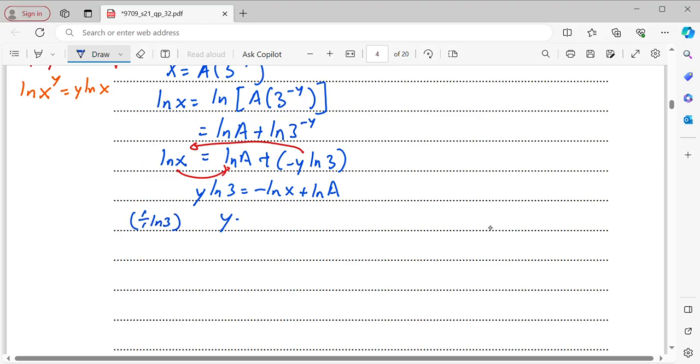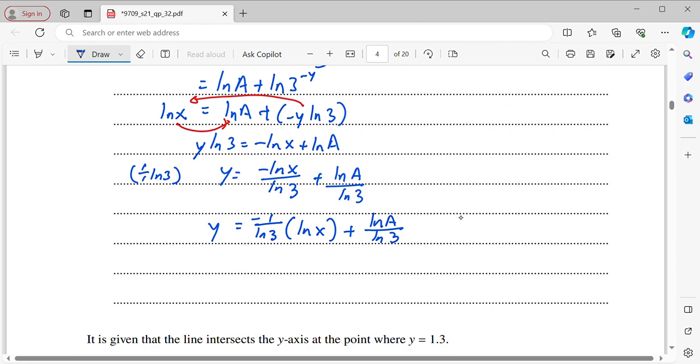Then I will be getting y equals to negative ln x over ln 3 plus ln a over ln 3. From here, I will just write negative 1 over ln 3 times ln x plus ln a over ln 3. That is my y, which means this is my capital Y, y equals to mx plus c. So this is the straight line equation.